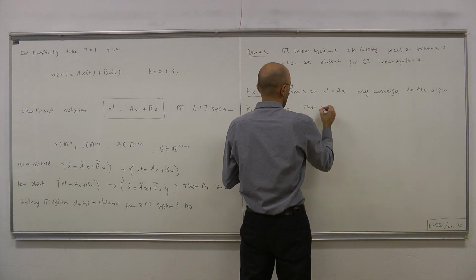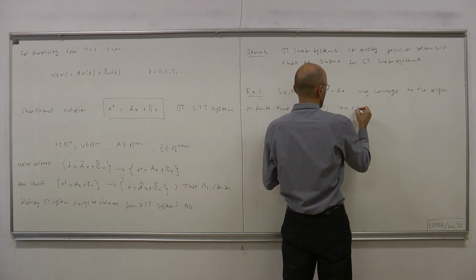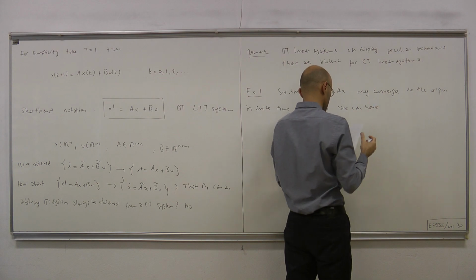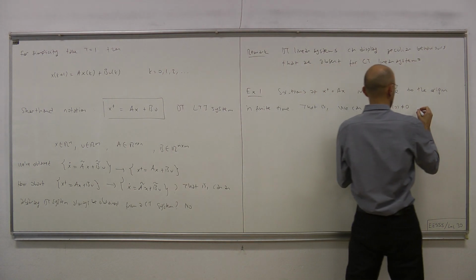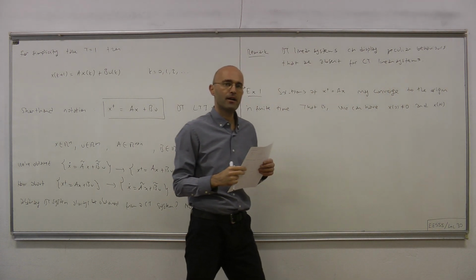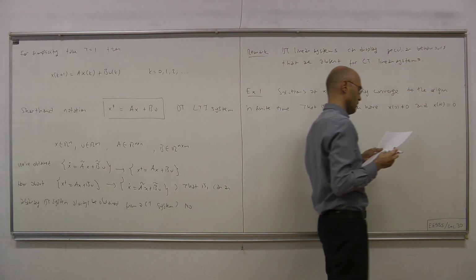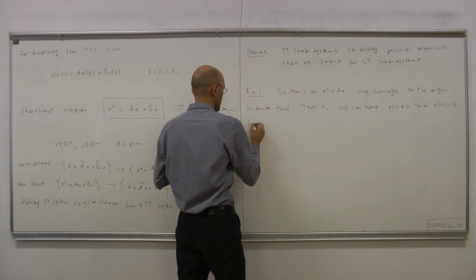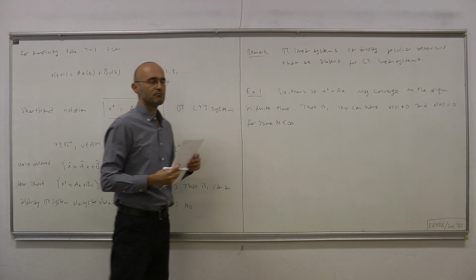That is, we can have x0 different than 0 and xn, where n is some finite integer, equals 0 for some finite n.